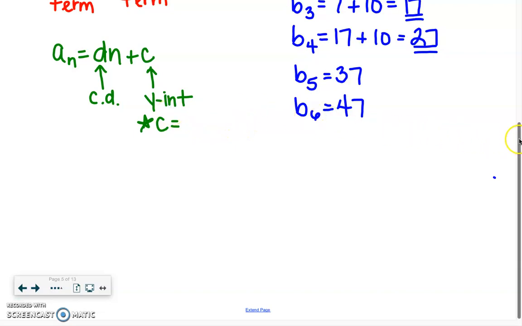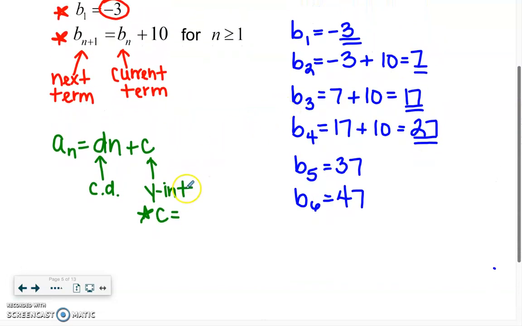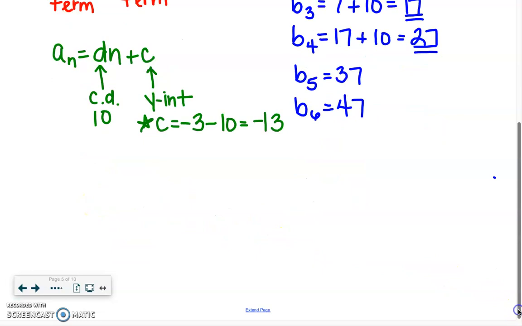My pattern goes -3, 7, 17, etc. If I were to go backwards a step, what would the y-intercept value be? Take the first term that you know and do the opposite of what your pattern says to do. Our pattern says add 10, so we're going to subtract 10. That tells me that if I were to go back one step, I would be at -13. So that's my C value. My common difference is just the pattern, and in this case, the pattern is to add 10, so the common difference value would be 10.